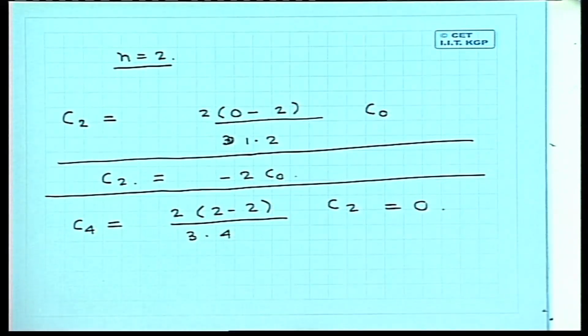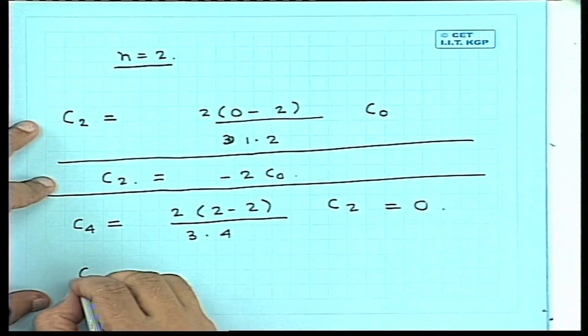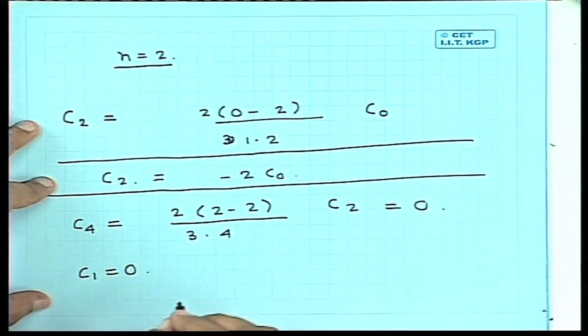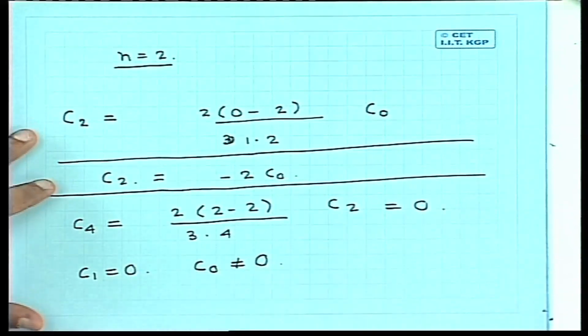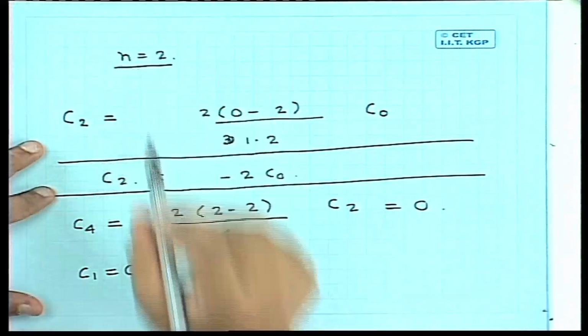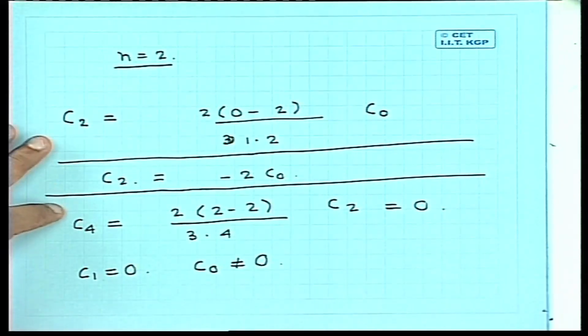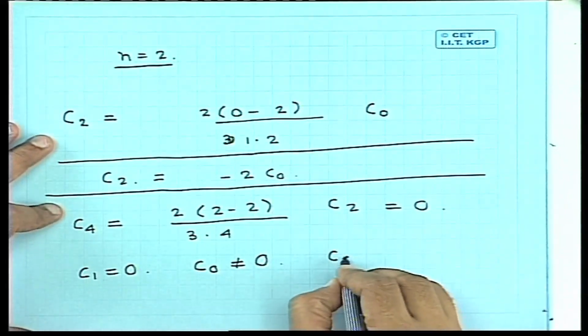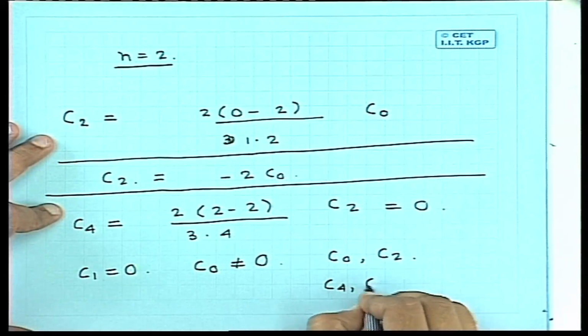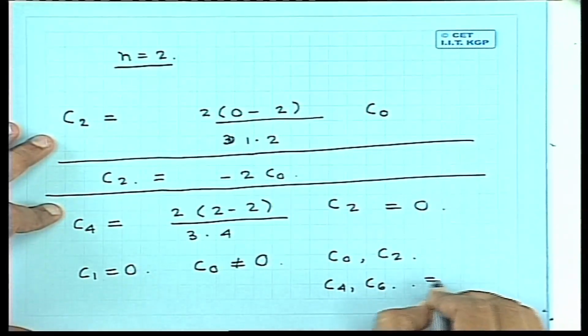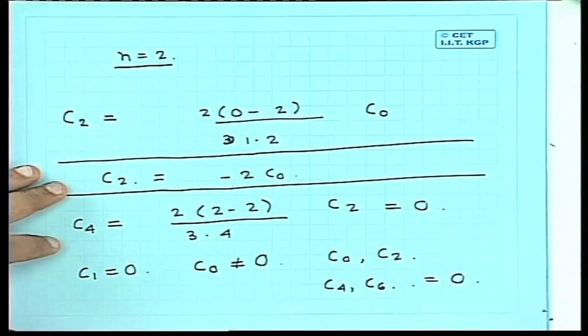So if we start with C1 equal to 0, C0 not equal to 0, and n equal to 2, we find that we can go up to C0 and C2. C4, C6, etc. are all equal to 0.